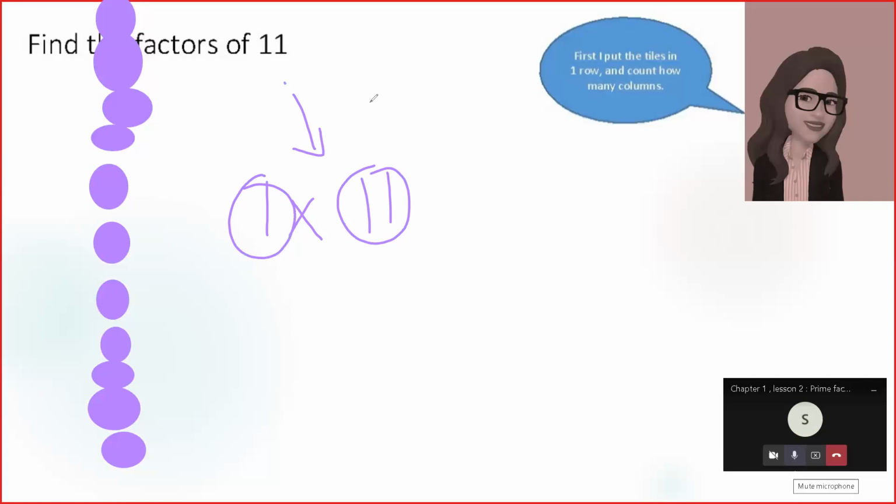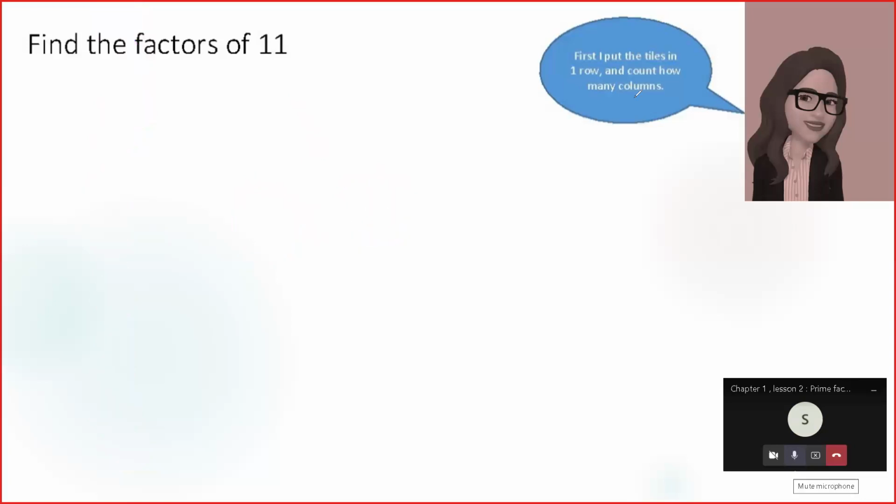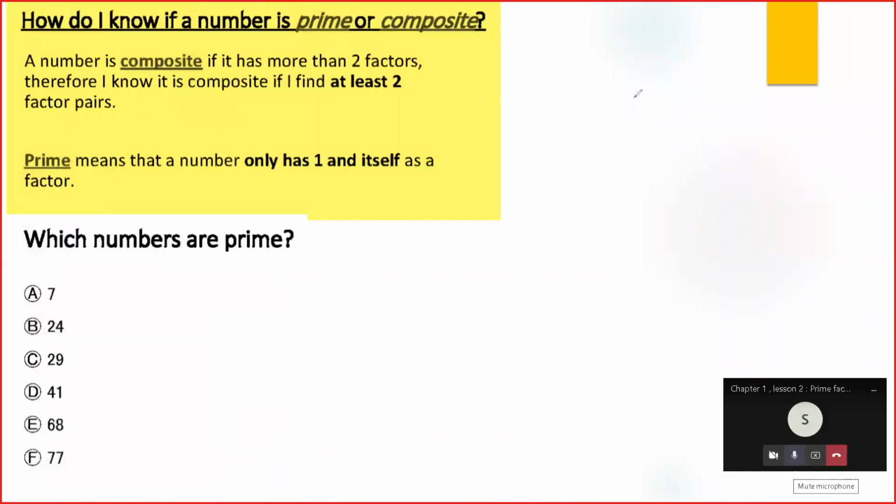They are 11 and 1 only. So what does it mean? We could have more than one way, like 3 ways or 4 ways. But for my examples here, we have 1 or 2 ways at the maximum.